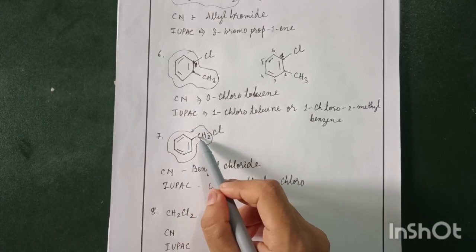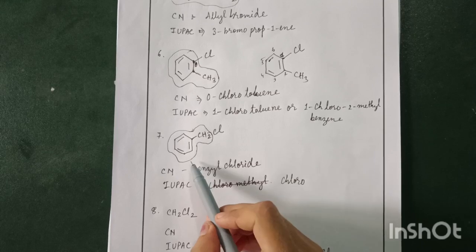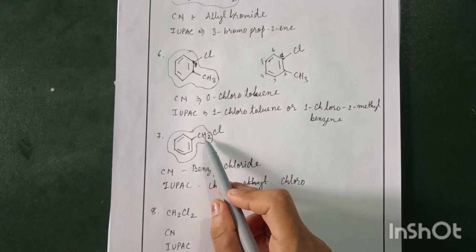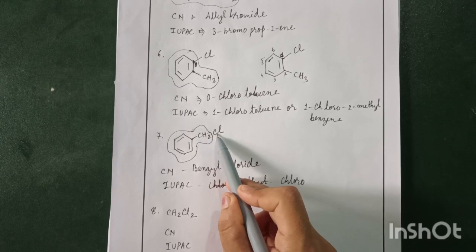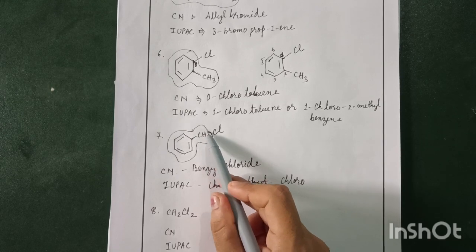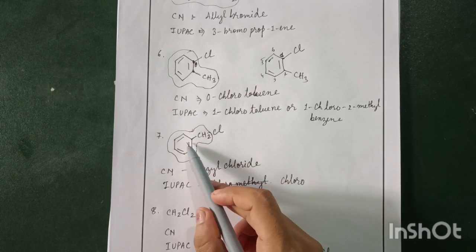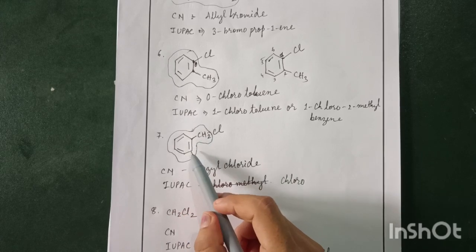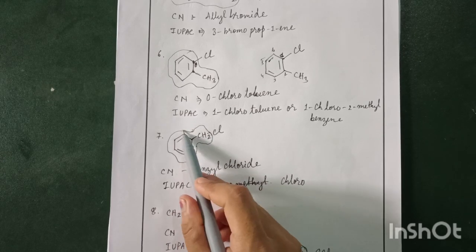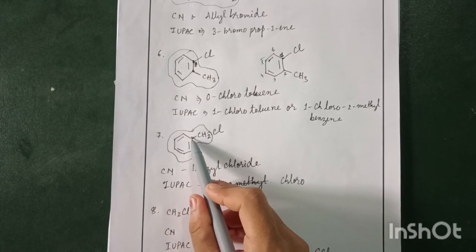This is your ring, this is your chain. In IUPAC naming, we will always separate the ring and think about the chain. This chain contains the functional group, so this will be your parent chain now, even though the ring contains more carbons. The ring will act as a substituent.